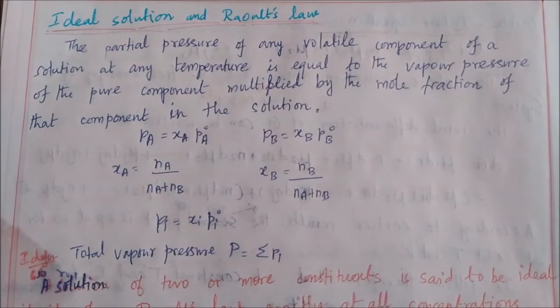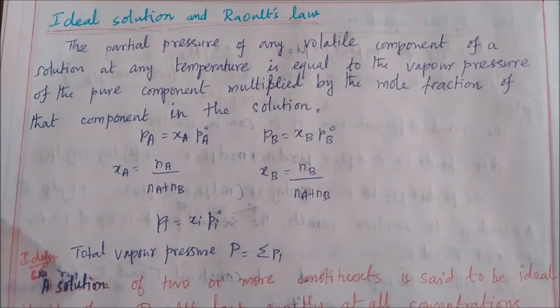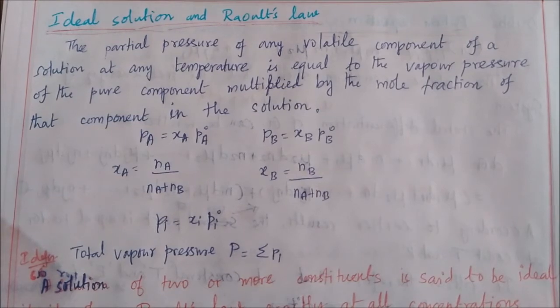Most probably the solvent is present in major proportion, and the solute is present in minor amount. So a solute and a solvent make up a solution, and when it can be an ideal solution, that we will discuss now.